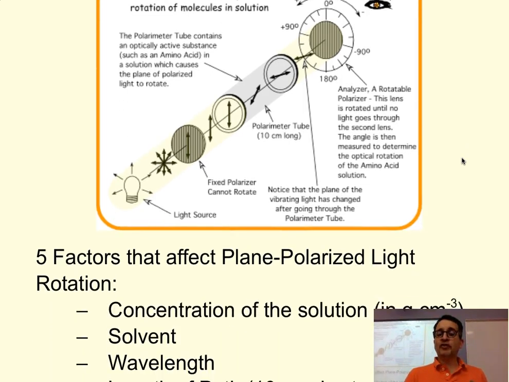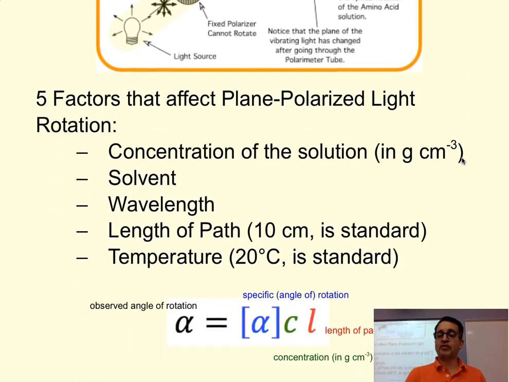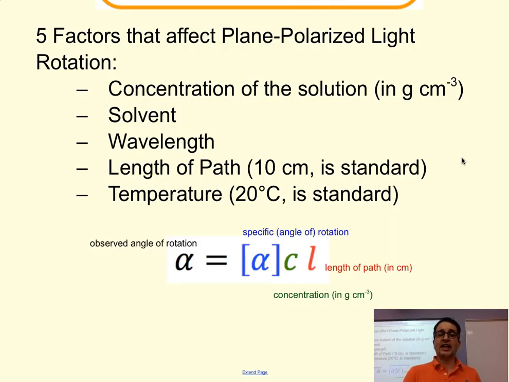There are 5 total factors that cause different rotations of our plane polarized light. Obviously, concentration. The more concentrated it is, the more rotation you're going to have. The solvent is surprising, but the particular solvent that you have will have greater or less interaction with the plane polarized light.